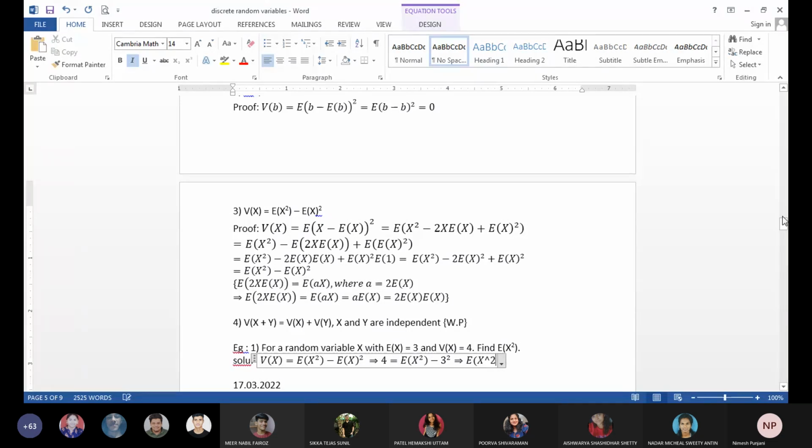So expected value of x square will be how much? 4 plus 9, 13. Expected value of x square will be 13.